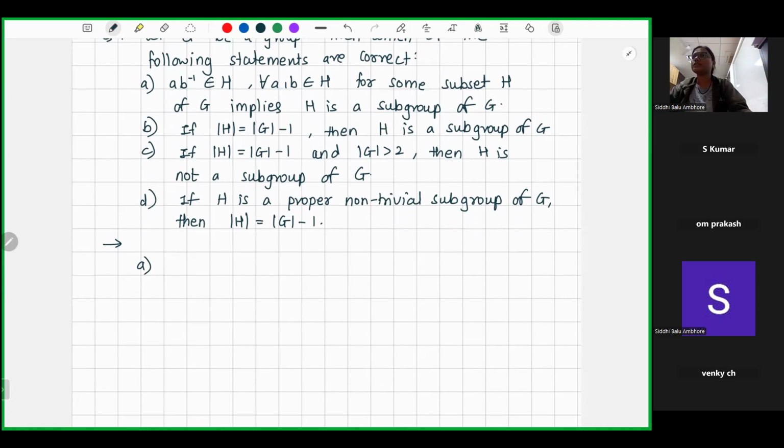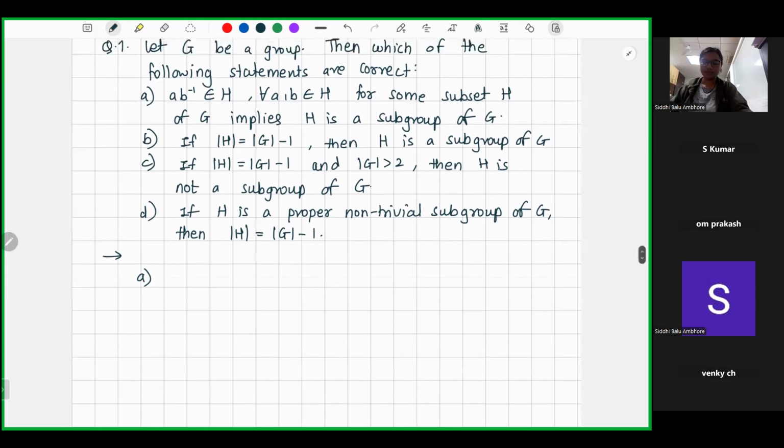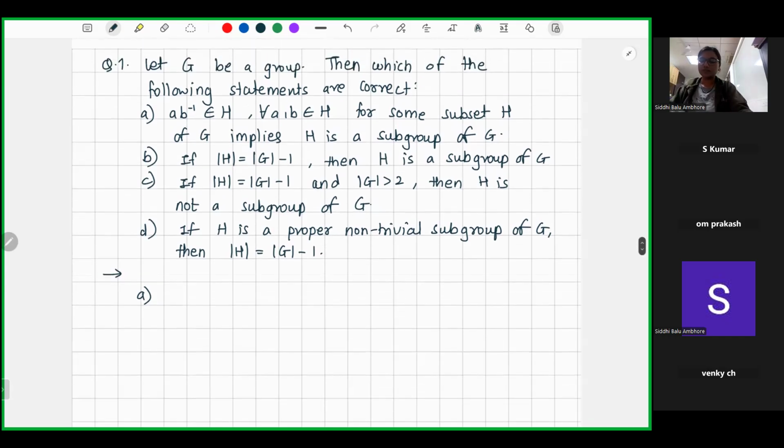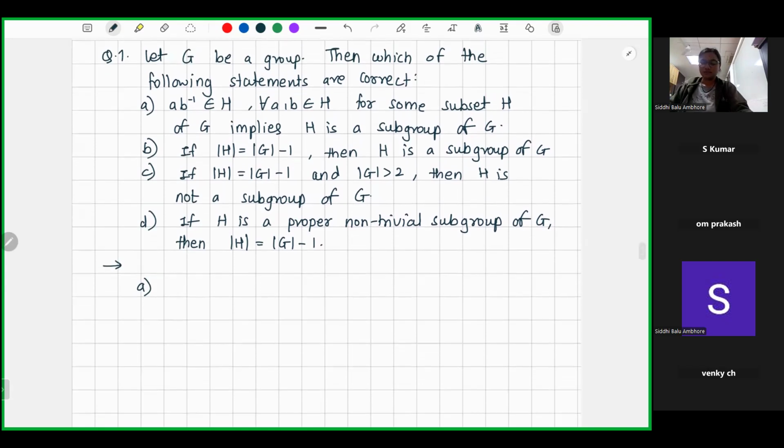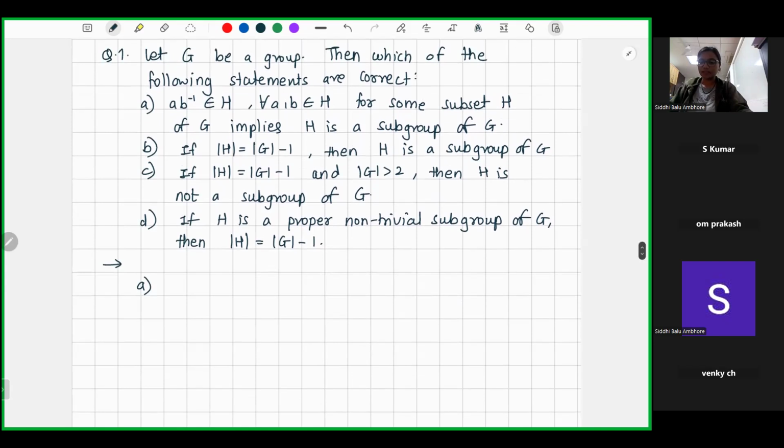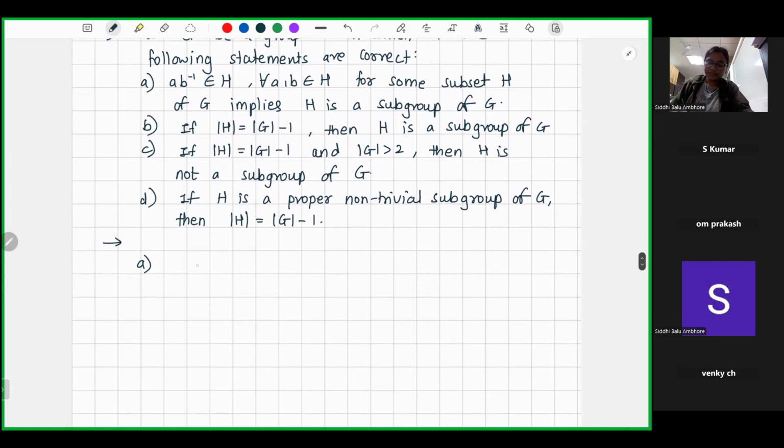Any guesses? Whether it's true or false, and what are your inputs for this statement? See, first of all, in this statement, they have said that H is a subset of G, that's it.